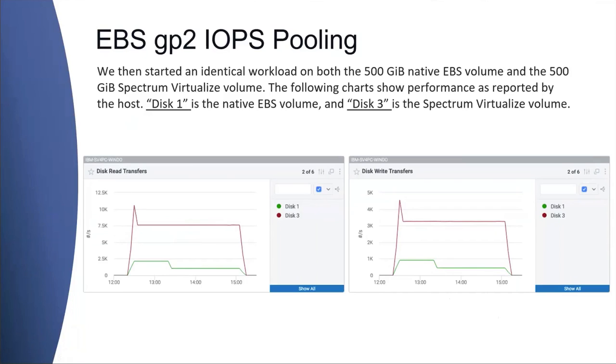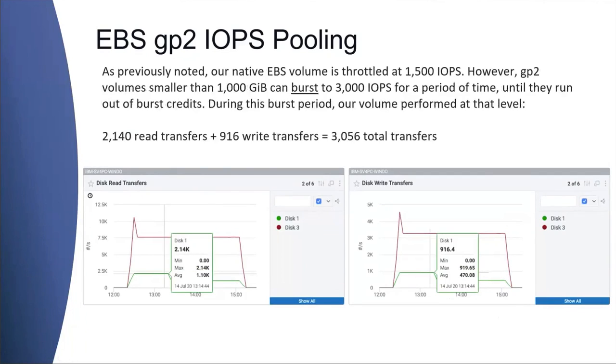Now you notice down on the bottom here, the green guy actually went above 1500 IOPS for a period of time and came back down. For those folks that know about burst credits within Amazon, you can go above your purchased IOPS for a period of time until you exhaust them, and then you go back down. That's exactly what we did here: we were able to go above 1500 for a period of time, exhaust our burst credits, and come back down. All right, next.